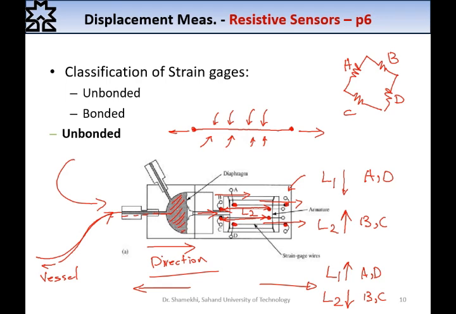We use 4 varying strain gauges in this structure to increase the sensitivity of the sensor. Therefore, this type of strain gauge is a good sensor to measure the low variation of pressure inside our vessels.